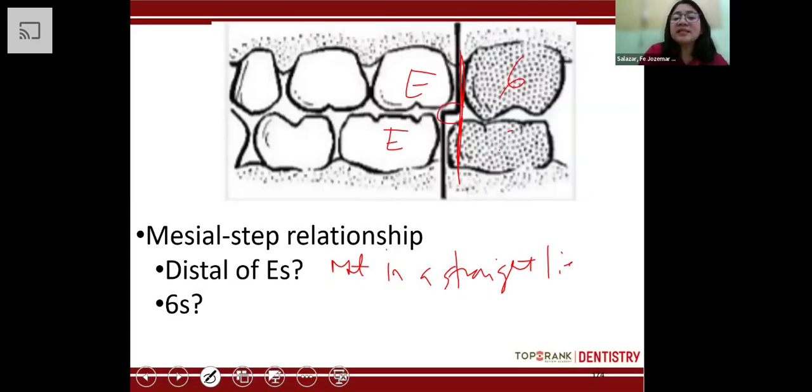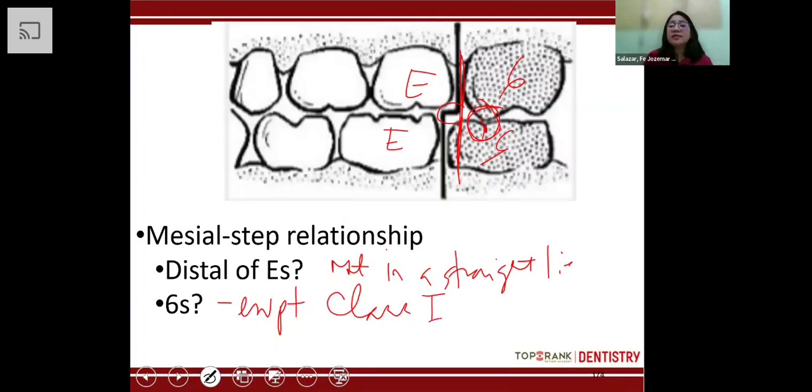Now, when the sixes erupt, what class is it? Class 1, 2, or 3? This is class 1. They erupt class 1, so you say this is the ideal, because it is class 1 right upon eruption. But remember, you have late mesial drift.